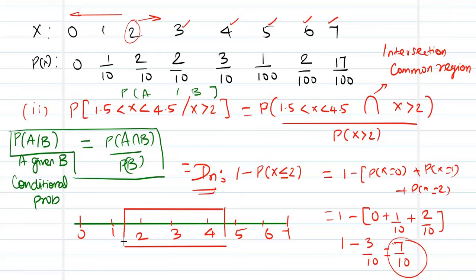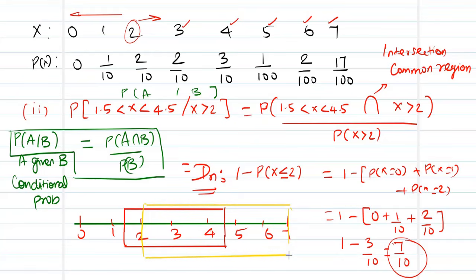So this is my region number 1. Next region is x greater than 2. Is 2 inclusive? No, 2 is not inclusive. So without including 2, I move greater than 2. It has to go and move on till the value of 7. So this is going to be x greater than 2.